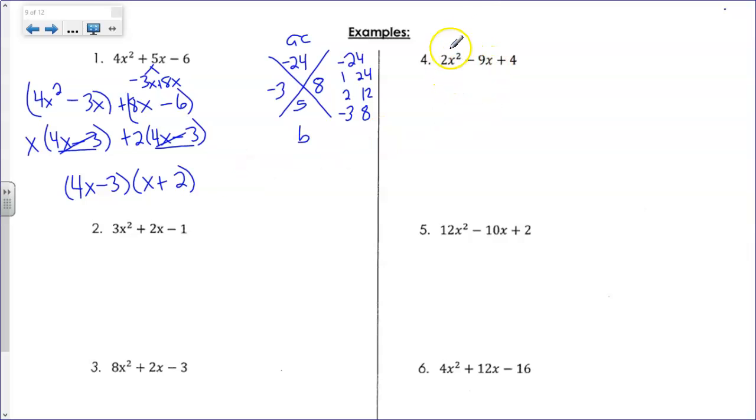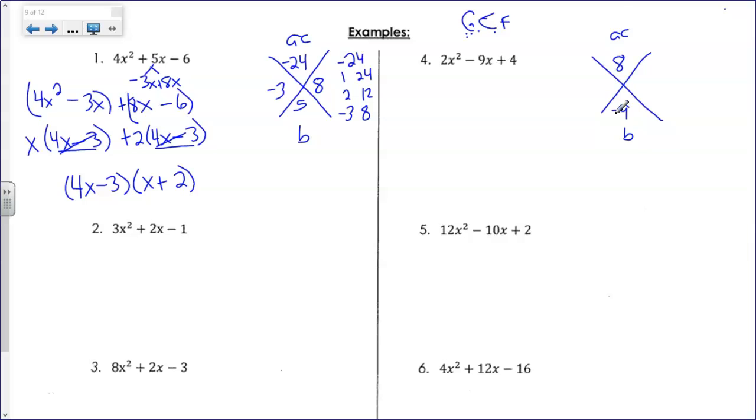Alright, so first step always though, remember GCF. Okay, not a GCF here. So we're going to do A times C and B. So 2 times 4 is 8. And then negative 9.